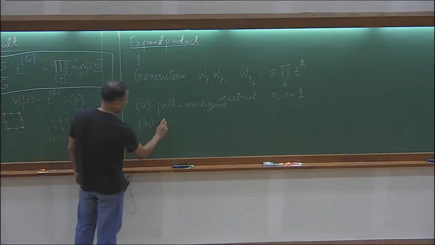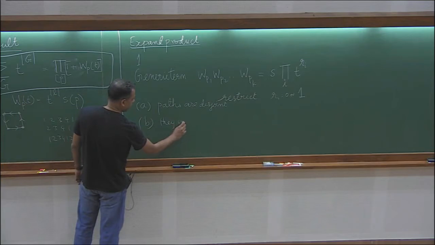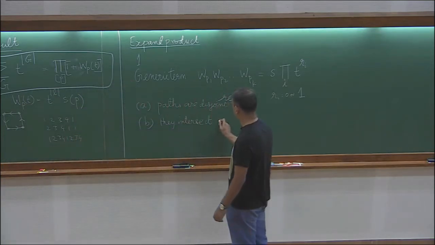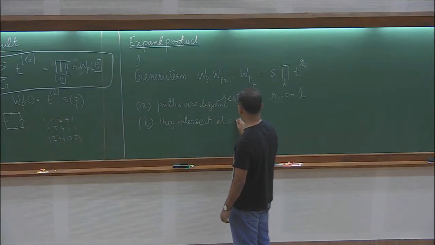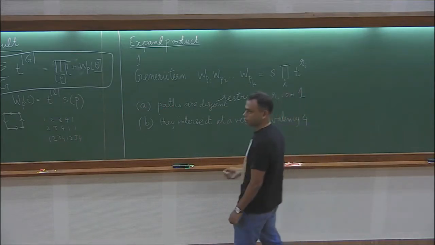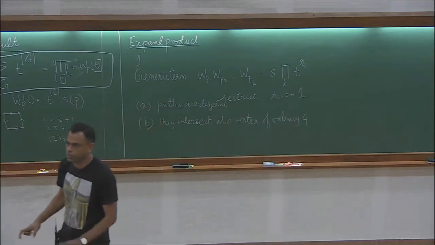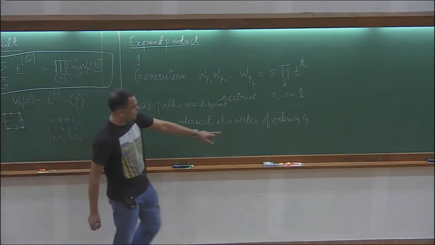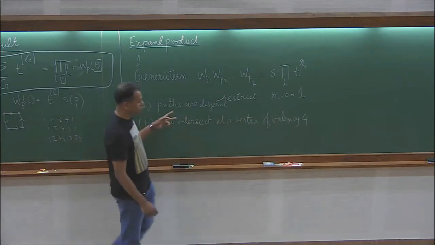They intersect at a vertex of valency 4. These are the only possibilities. Otherwise, the same bond will be traveled 2 times. So if I restrict to the case Ri is 0 or 1, these are the only possibilities.